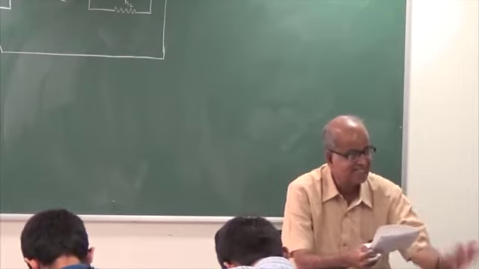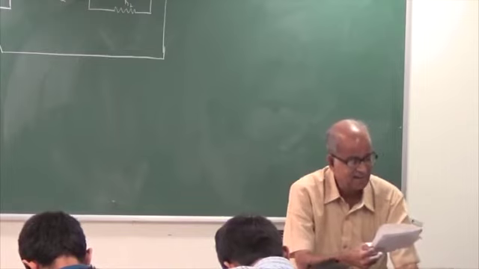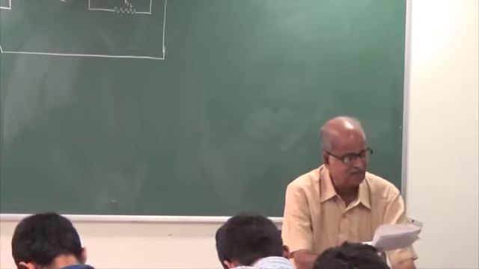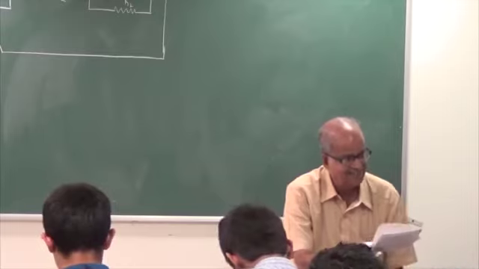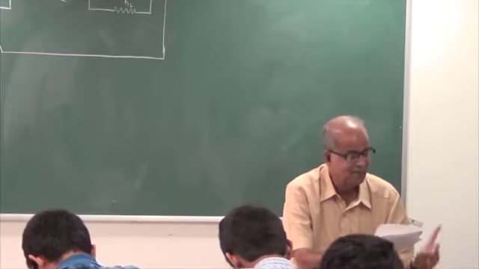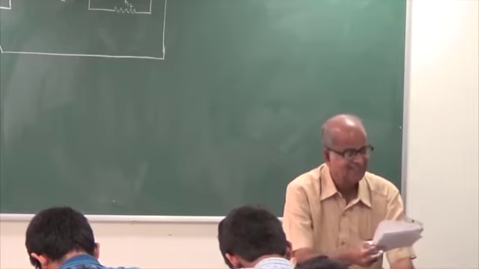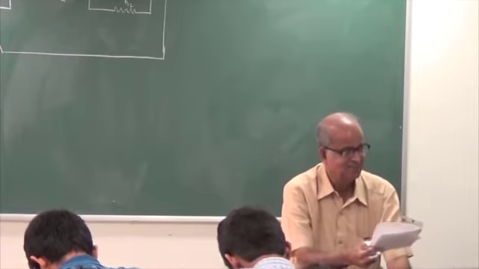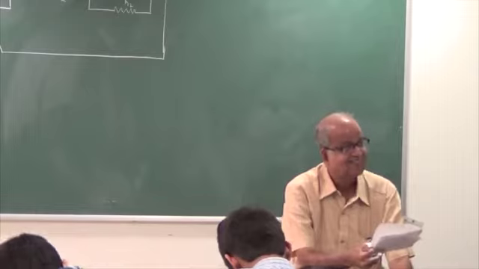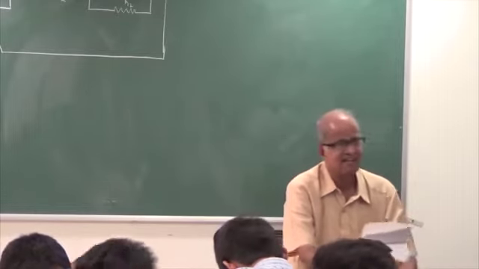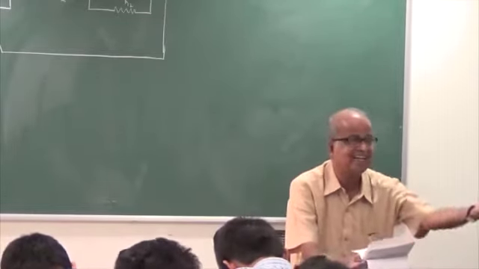Current in the battery is E by R, E into R1 plus R2 by R1 R2, 1 minus E power minus R1 plus R2 into... yes, that is the current through the battery, which is the main current.